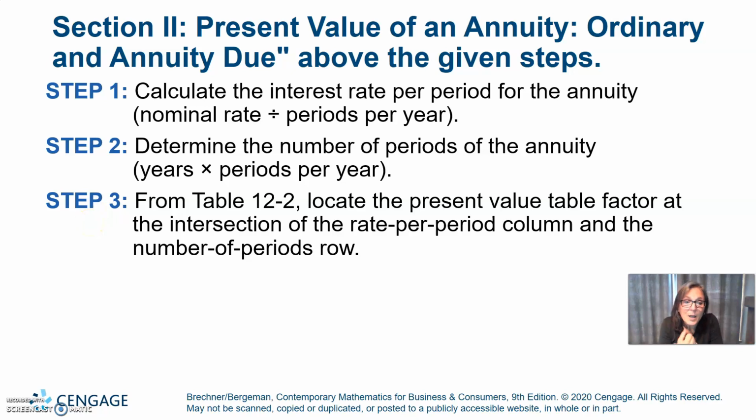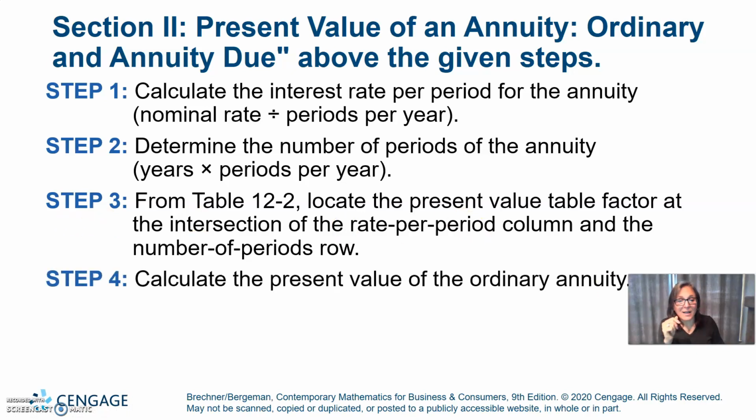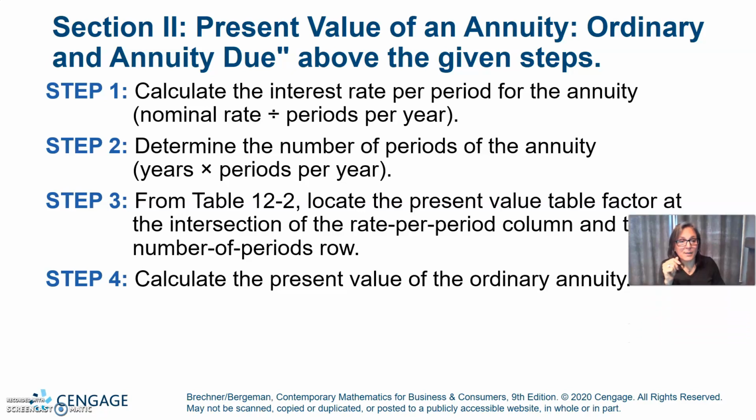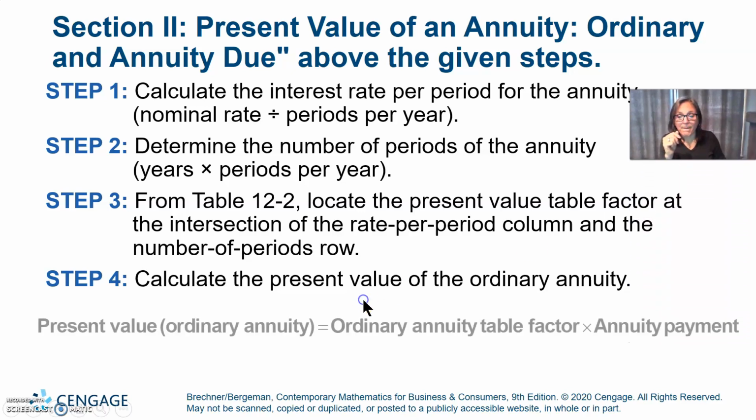From the table, locate the present value table factor at the intersection of the interest rate and the number of periods, and calculate the value of the ordinary annuity. It's the present value of the ordinary annuity equals the ordinary annuity table factor times the annuity payment.